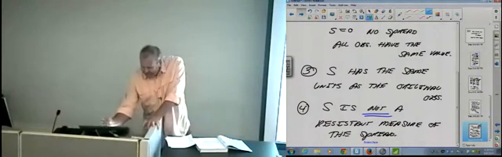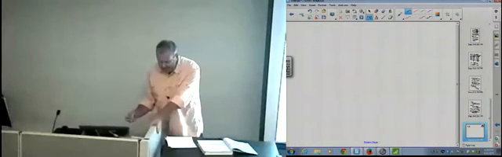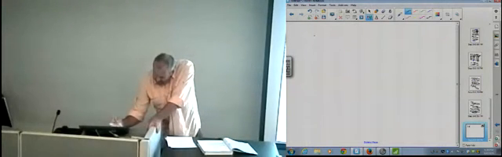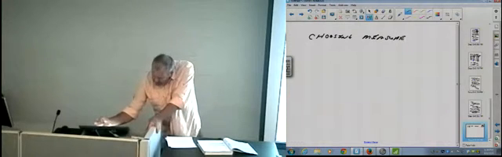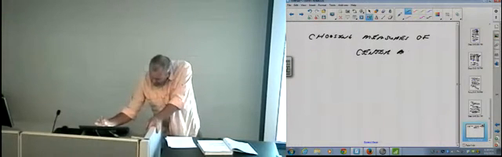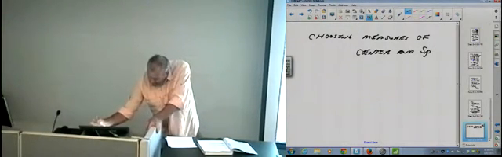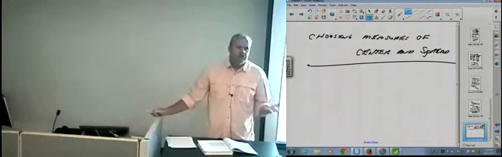I'm going to do it like this. I've been mentioning it, now we're going to write it down. I want to talk about choosing measures of center and spread. You have two choices.